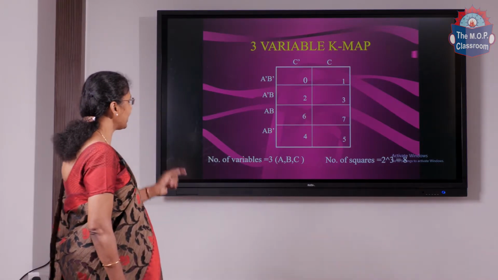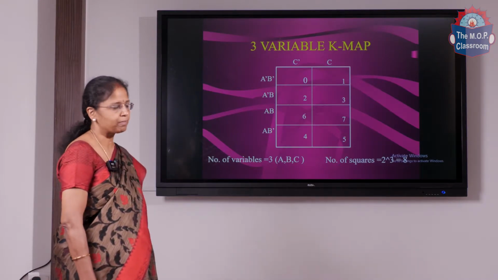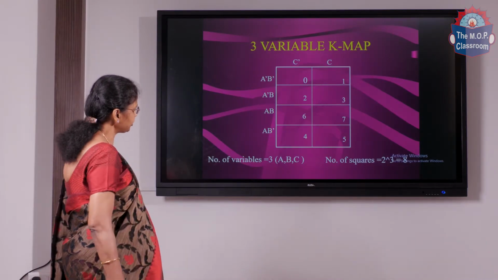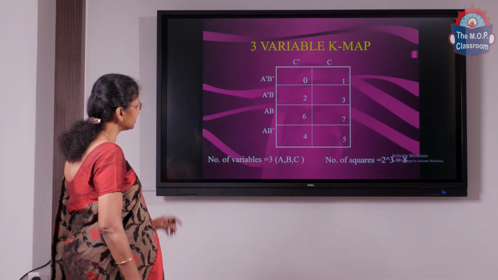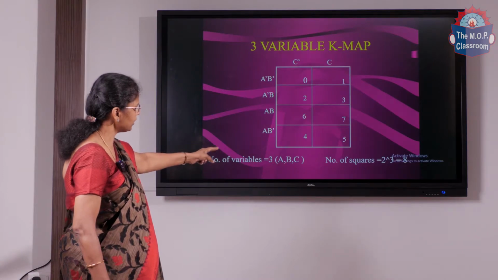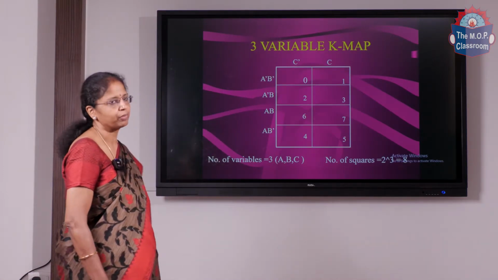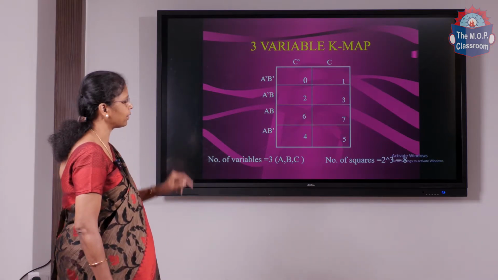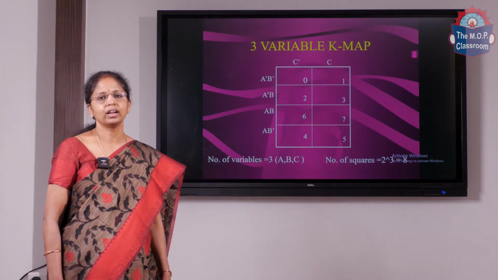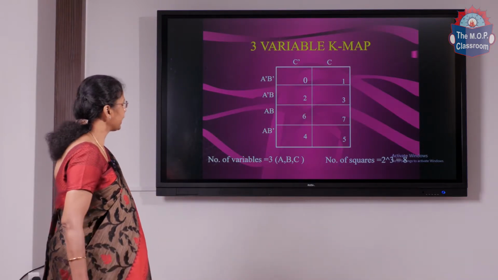That is why we have A prime B prime, A prime B, AB and then AB prime in the row representation. If you look at the numbers, it is 0, 1, 2, 3. Next we move to the last row, 4, 5, and then the one above that, 6, 7. So, you should remember this numbering. This is usually called gray code numbering. So, this is a 3 variable K-map.